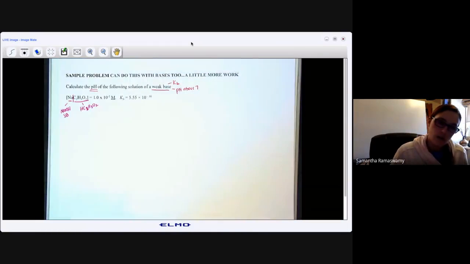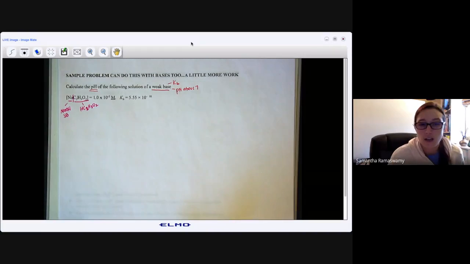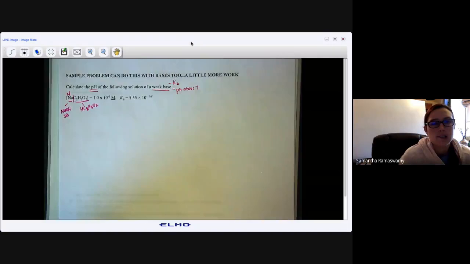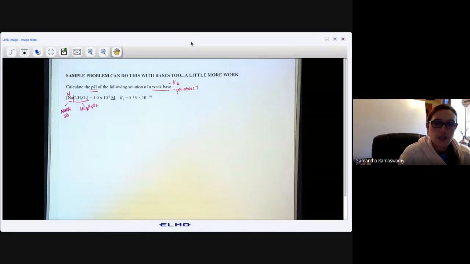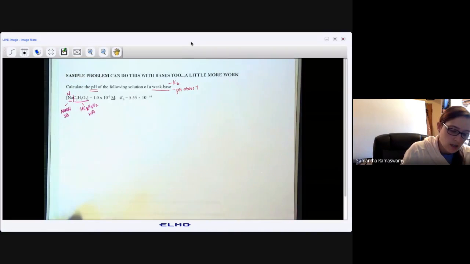Remember, if you have a strong base, the cation that comes from that strong base is neutral. And then I have acetic acid, HC2H3O2. That's not one of the 7 strong acids, so it's weak. Remember, if you have a weak acid, its conjugate base is also weak.